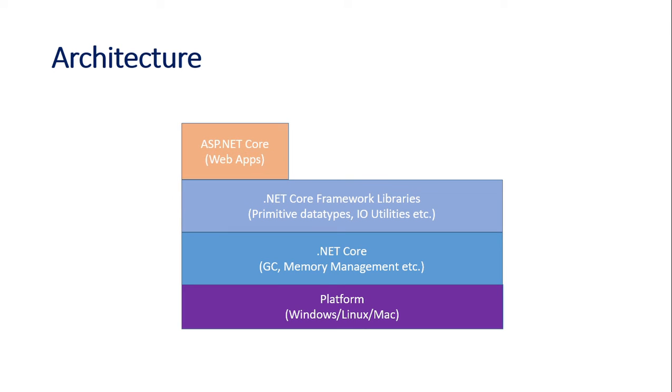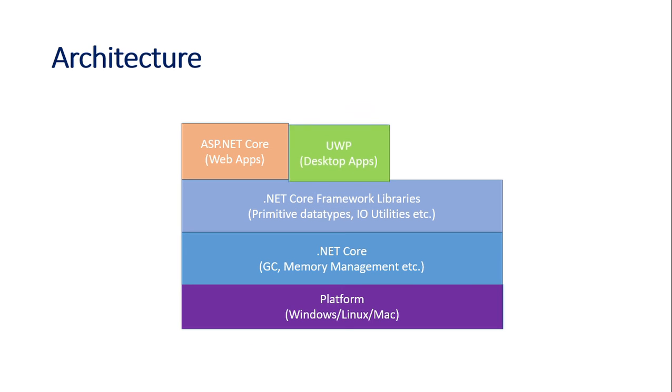Next, on top of this, you have various frameworks available to develop various kinds of applications. If you want to develop web applications, you go for the ASP.NET Core platform. It gives you all the features required to handle HTTP requests and responses and anything related to that.